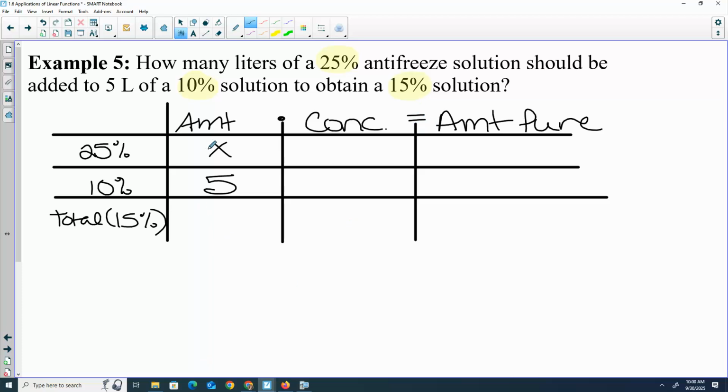So if I put in X of the first and 5 of the second, how much do I have in my total? 5 plus X, or X plus 5, doesn't matter. Concentration is just your percent in decimal form, so 25% would be 0.25, 10%, 0.1 or 0.10, 15% is 0.15.